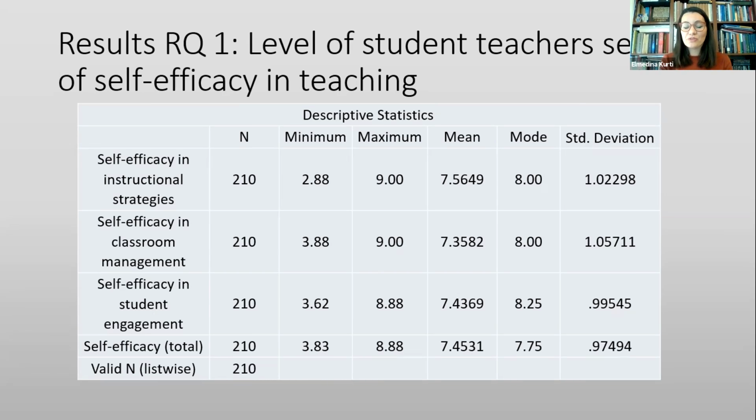So 7.45 indicates a satisfactory level of self-efficacy, but we see that the lowest self-efficacy is for classroom management, while the highest is for instructional strategies. So our students see that they are not as well prepared for managing the classroom, because as we know, it's the most challenging part for every teacher in today's time.